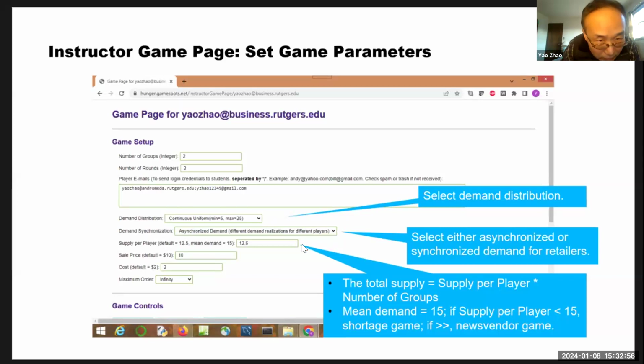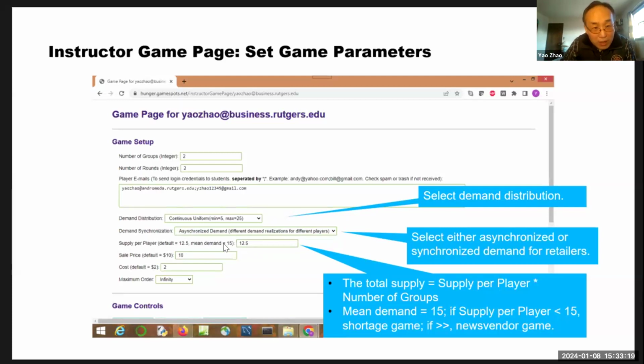Now we can set the supply per player. This is a critical number. Remember, the average demand is 15 for every period. If you set the supply per player to be smaller than 15, then you're going to have a shortage game on average.